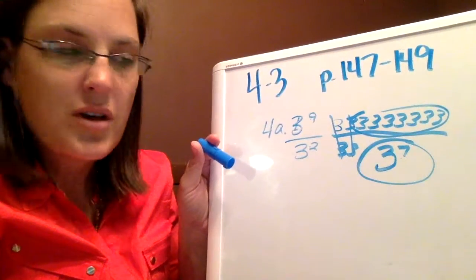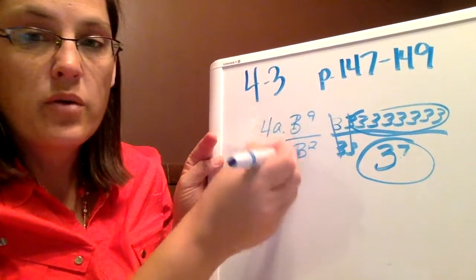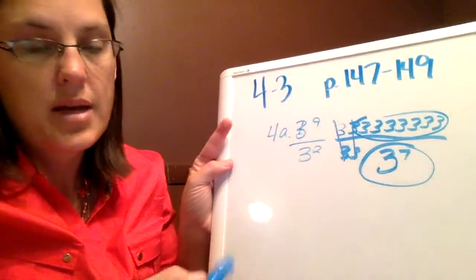That's the other thing you can try to do if you want to remember the rule that when you divide powers with the same base, you can subtract those exponents. Again, it's your preference on whether you want to remember rules or if you want to think about writing it out. For number 4b, you have b to the 7th over b to the 6th.